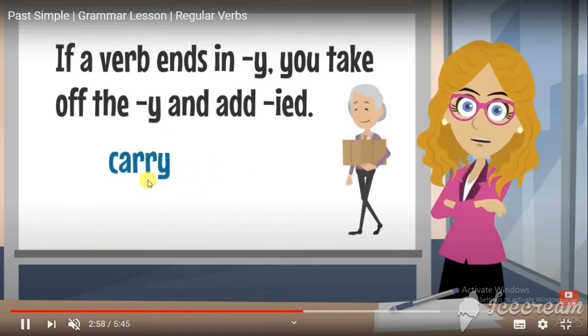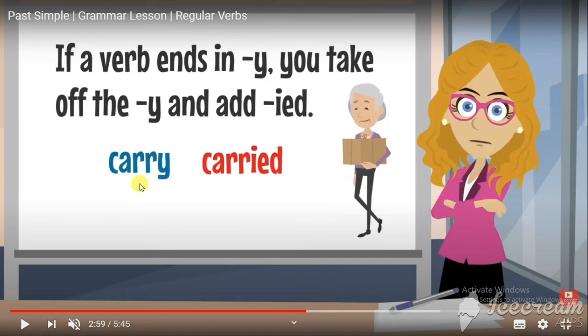Like also the verb carry. The verb carry ends with Y, and before the letter Y we have a consonant. R is a consonant letter. So we drop the Y and add I-E-D.